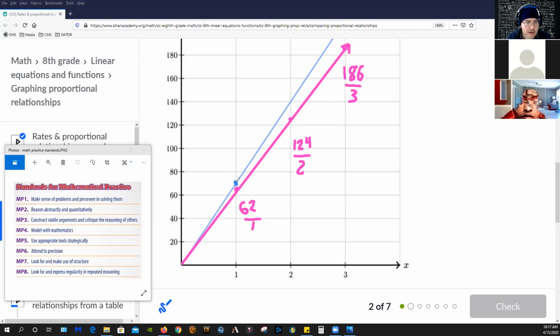If we were trying to make fractions out of these intersections, at 1 minute the blue line looks to be more like 70 beats in 1 minute, and at 2 minutes, yeah, it's 140 every 2 minutes.